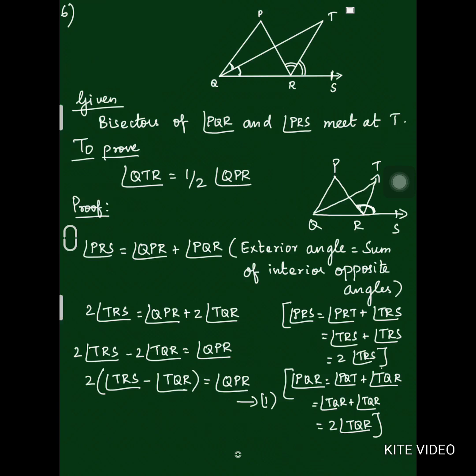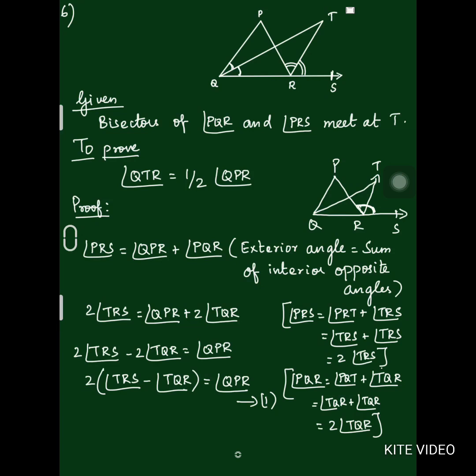Similarly, PQR is bisected by QT, and PQT and TQR are equal, so PQR I can write as 2 times TQR. So, 2 times TRS is equal to QPR plus 2 times TQR, and I am taking this 2 times TQR to the left hand side. So, 2 times TRS minus 2 times TQR is equal to QPR. In this 2 is common. So, 2 into TRS minus TQR is equal to QPR. This I mark as equation number 1.